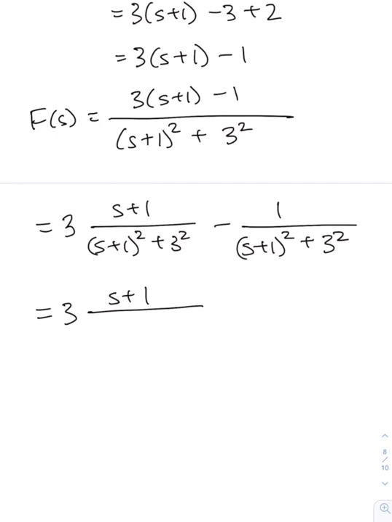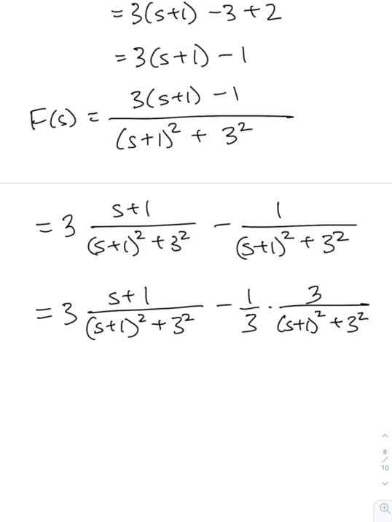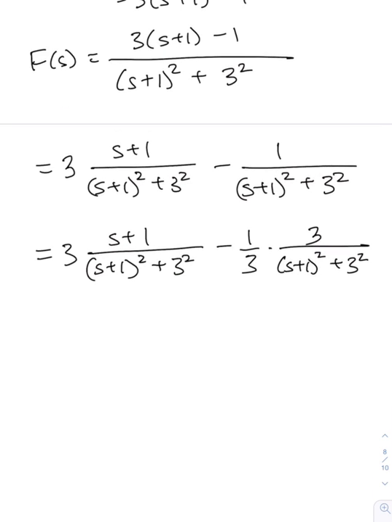So this one can stay as it is. It's ready to go. And this one I'm going to write as minus 1/3 times 3 over ((s plus 1) squared plus 3 squared). And now both of those I can read off of the table and write down my answer.